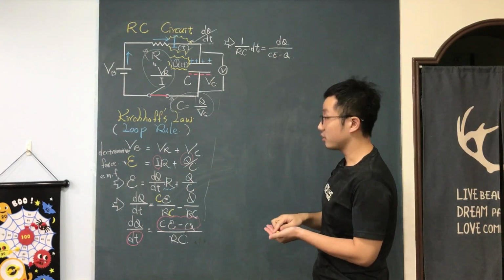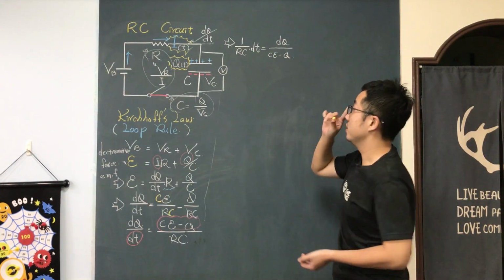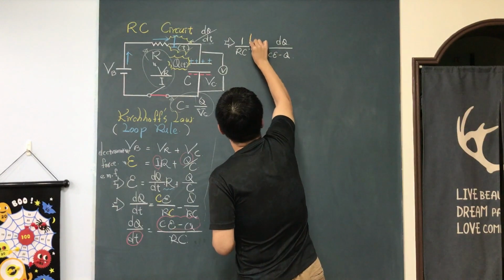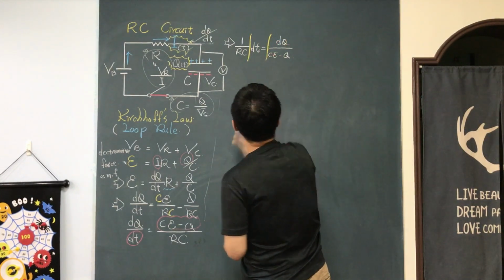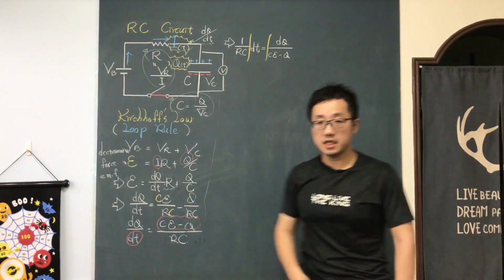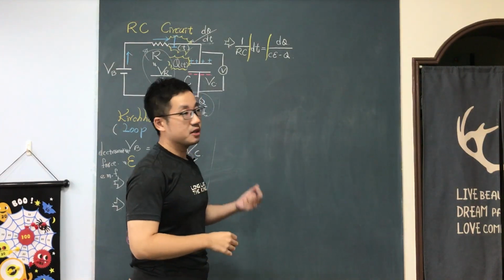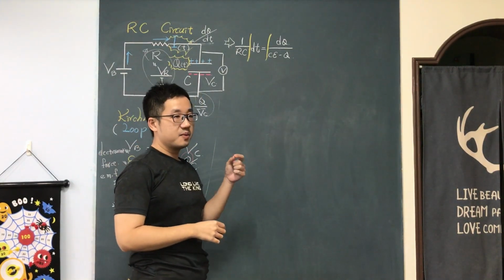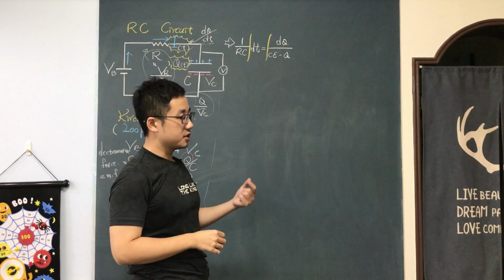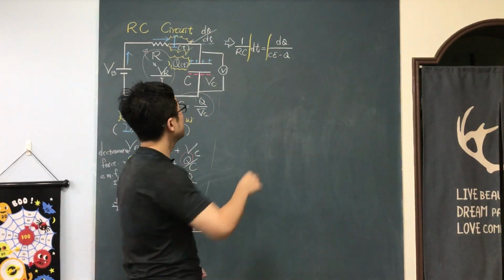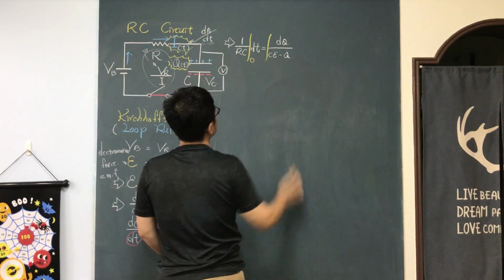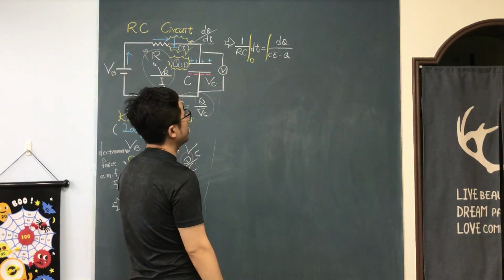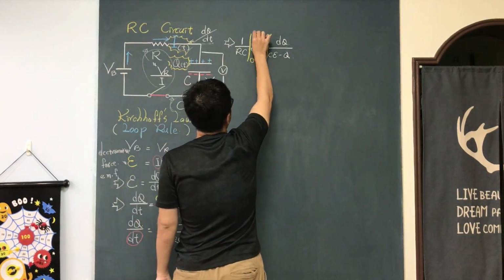So I can start to do the integral. For t, I'm going to start at the beginning, at time equals 0, and integrate the time to some time t.